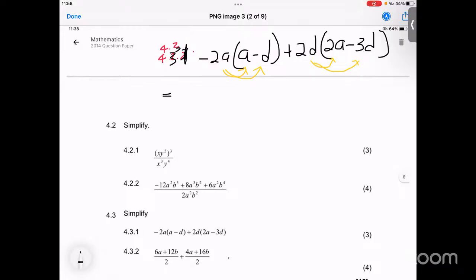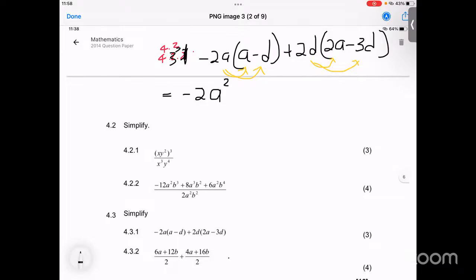It's -2a that multiplies the a. This becomes -2, but a is two of them. So when you multiply the same letters, depending on the number of the letters, you just add it at the top. It's not like you will say 3a's. Nope. But you write it at the top.